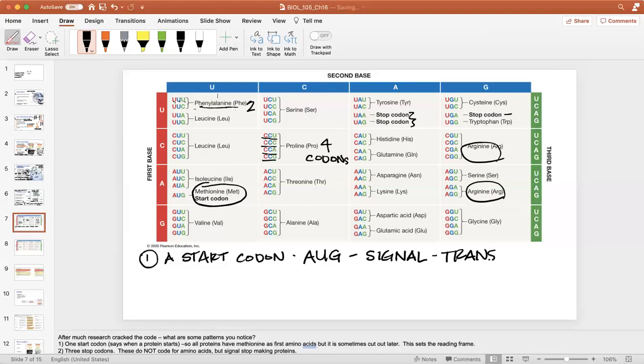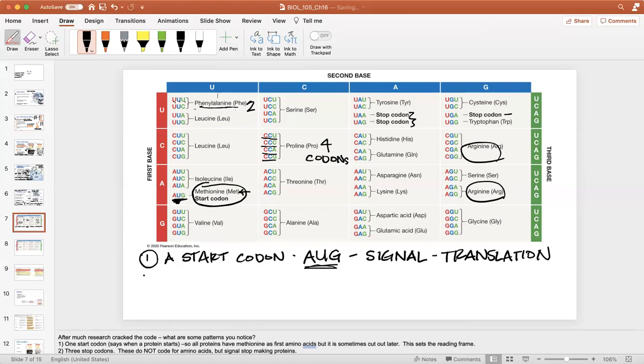Each and every protein starts with this AUG codon. This is the genetic signal that says, hey, we're going to start making a protein right here. This is the beginning of the sentence. So every protein originally begins with the amino acid methionine because that is the same thing as the start codon. Sometimes that methionine is chopped off later, but every protein begins life with the methionine at the beginning.